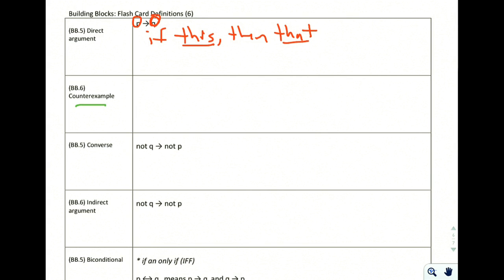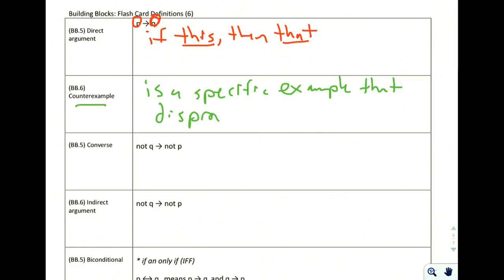So a counterexample is a specific example that disproves the argument. So in this football example we're using, going for a 2-point conversion would be a counterexample to the if touchdown, then extra point.